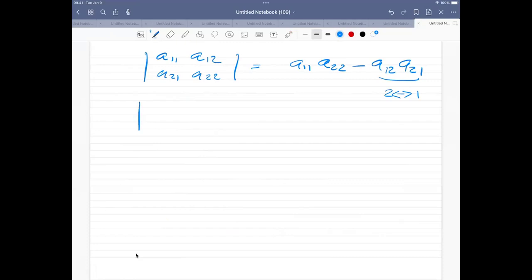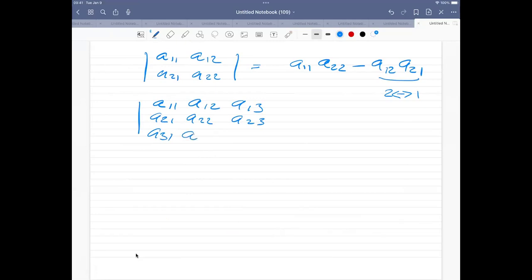So if you do a 3x3 determinant, so we have A11, A12, A13, and then A21, A22, A23. So when I say all permutations, it's not only you permuting two particles, but it's all possible ways you can permute the 3 columns and the 3 rows.